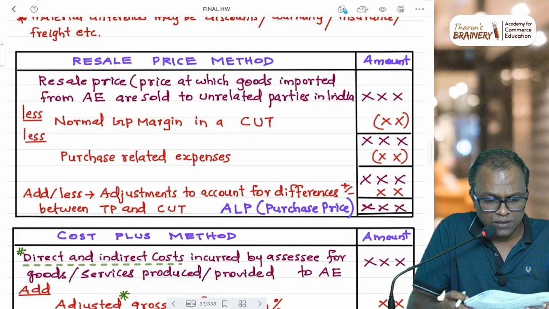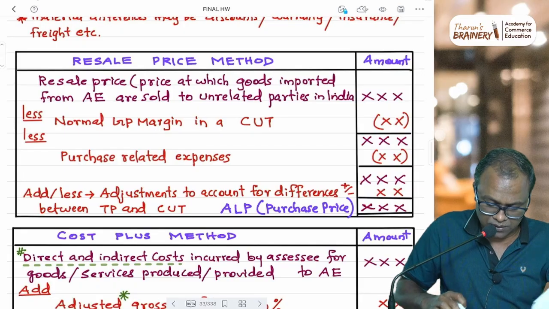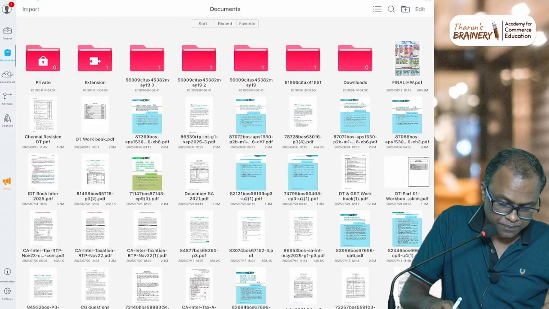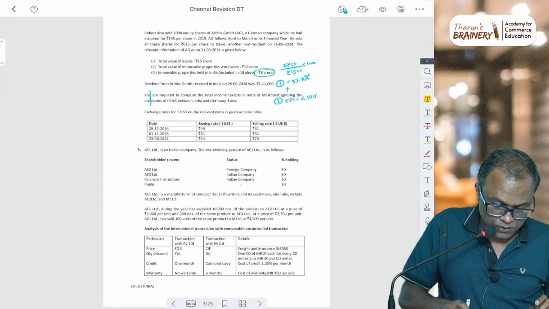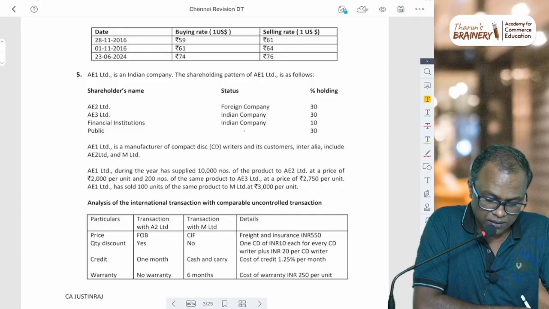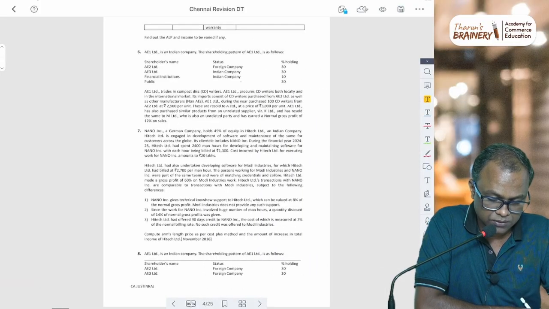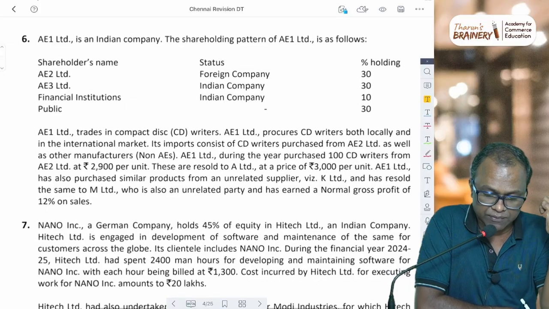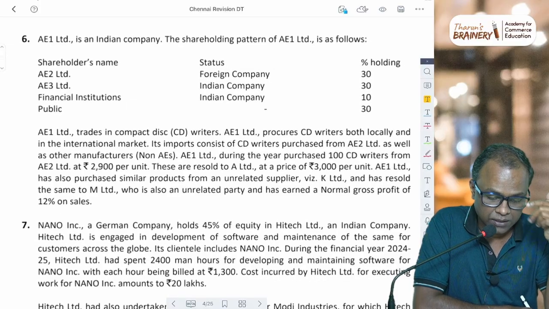So here we can see that question. AE1 Limited is an Indian company. The shareholding pattern of AE1 Limited is as follows. Shareholder's name: foreign company.